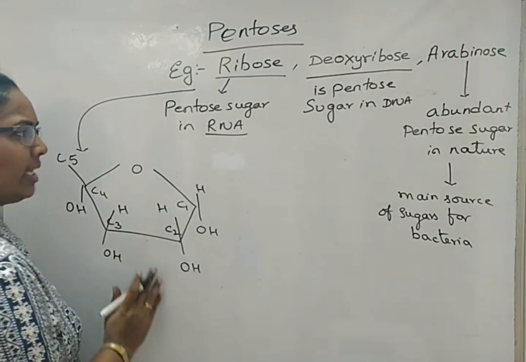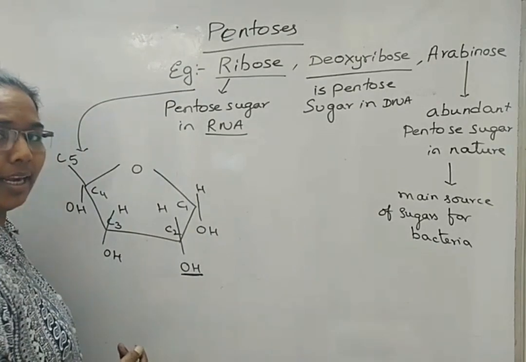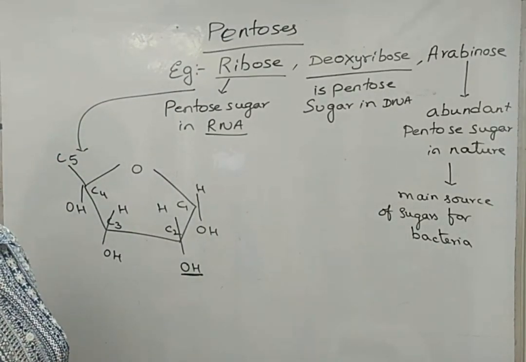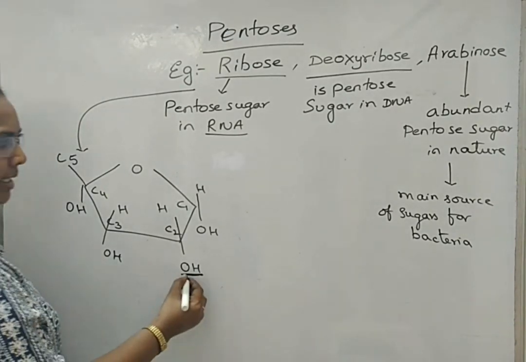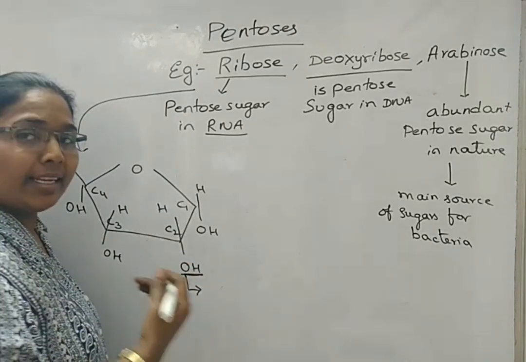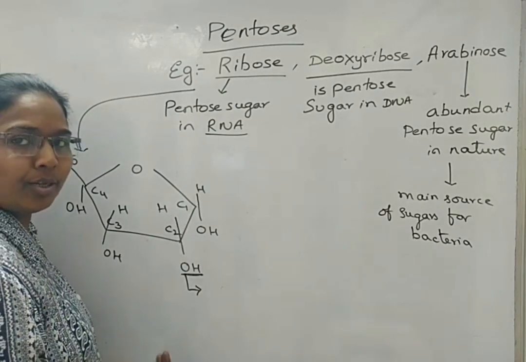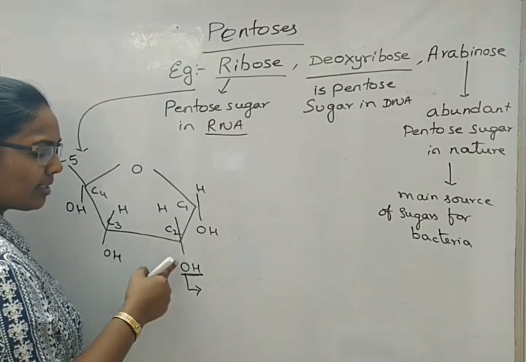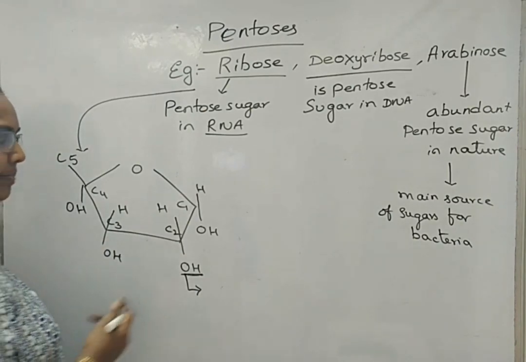Now, in case of ribose sugar, this oxygen at the second position of the carbon is considered an unstable atom because it has a different nature of binding with any type of metals and easily undergoes hydrolysis in the presence of water. Only the oxygen at the second carbon of ribose sugar has such a nature.